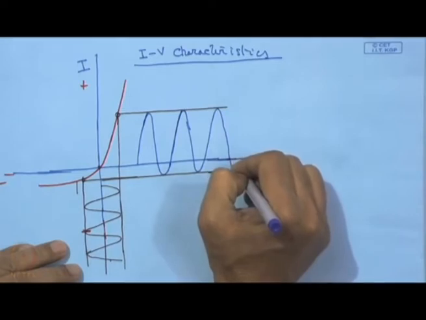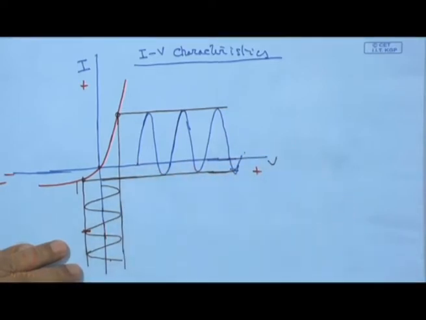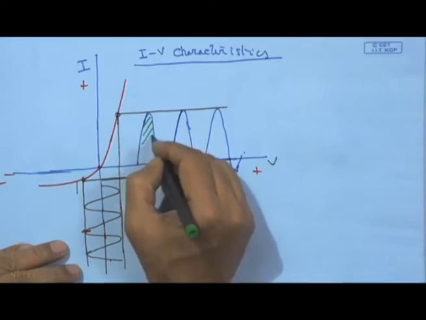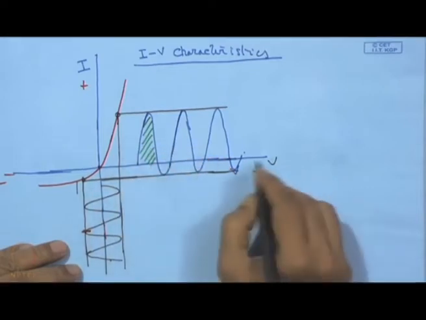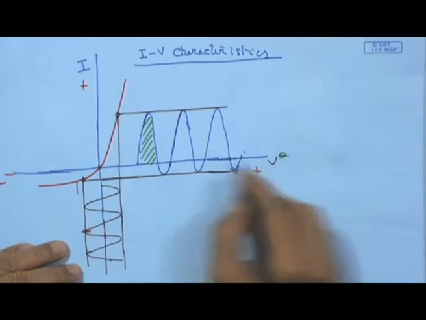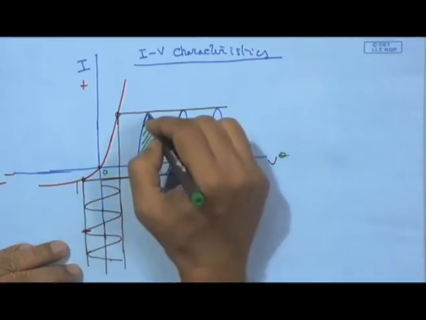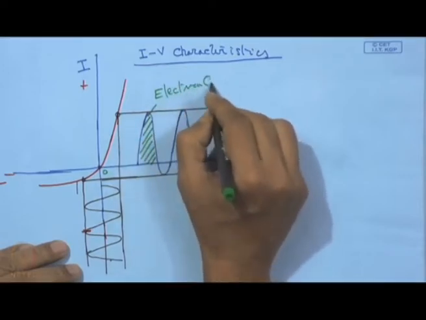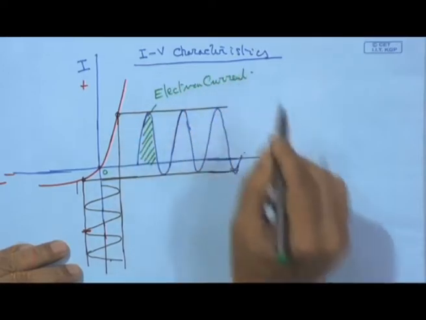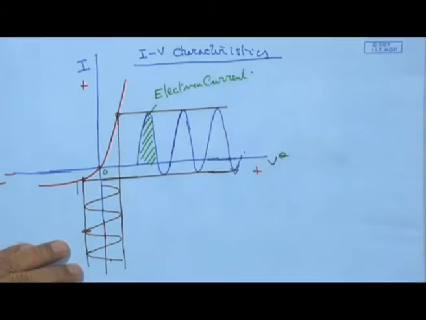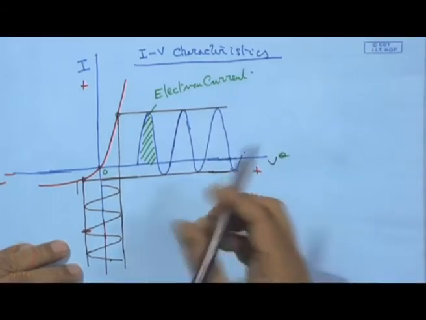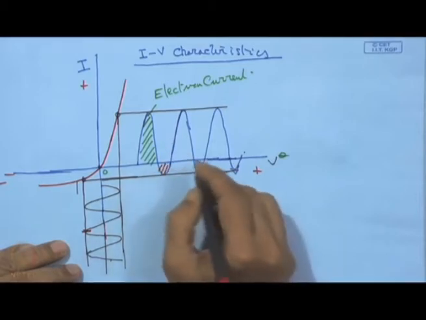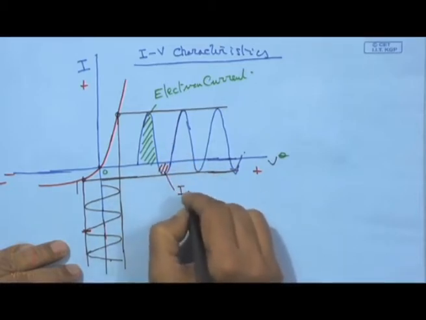Finally, this part of the cycle which is above this zero line, the baseline, is the electron current, and that which is below the baseline we call ion current.